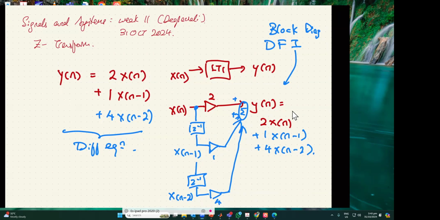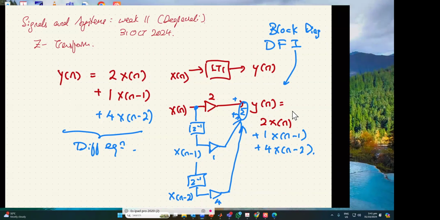How do I find the impulse response? Anybody? Please. There's only 12 of you. Z transform. Yeah, but that's the most difficult approach, right? That's the most difficult approach. Let's do it by brute force, all right?